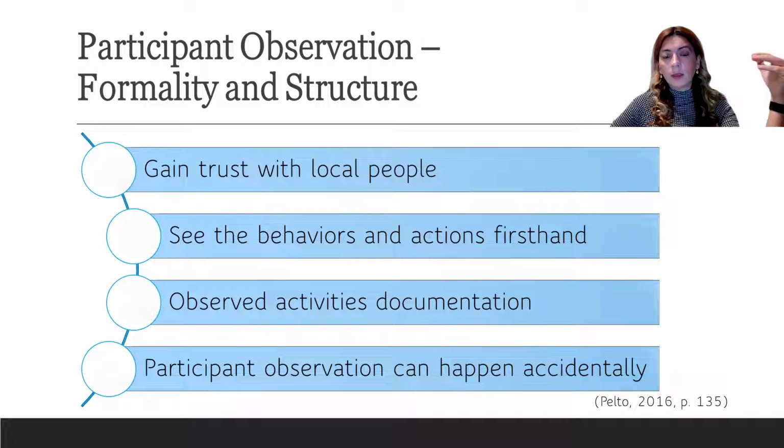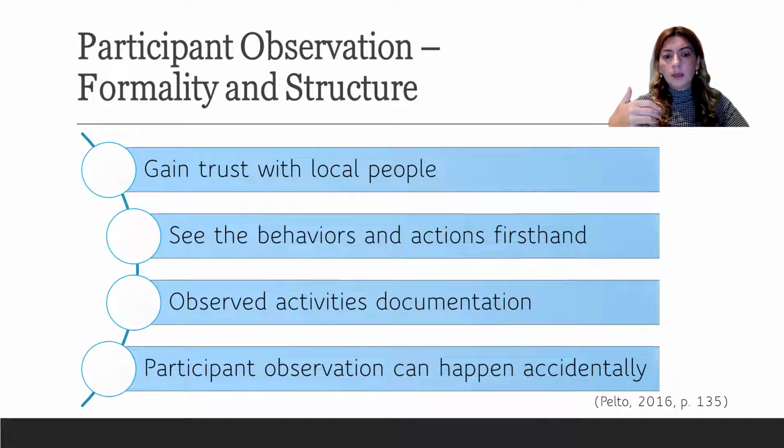So the first one is to gain the trust of local people. The idea is to get to know them and gain their trust and willingness to provide honest answers when interviewing them about various topics. So you have to be mindful of, I'm here to gain trust with these people so I can obtain their honest answers.